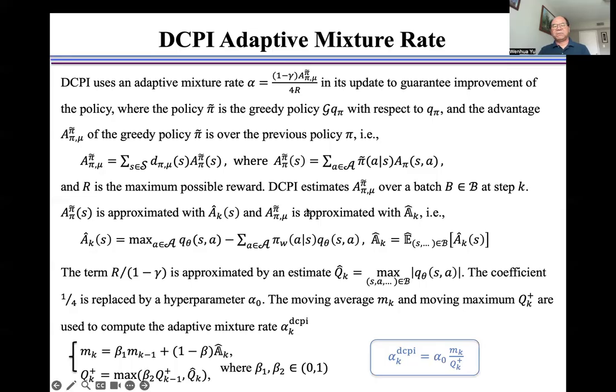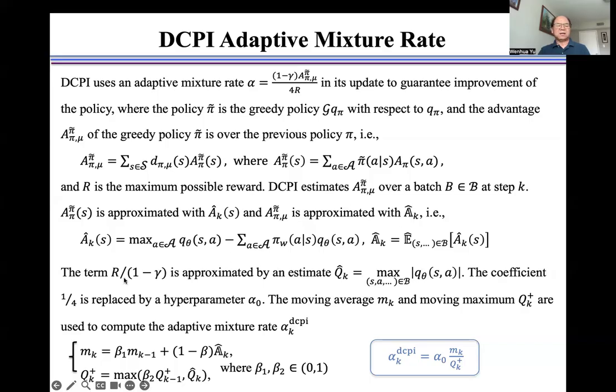DCPI estimates A pi mu pi tilde over batch B at step k. A pi tilde is approximated with A k tilde caret. A pi mu pi tilde is approximated with A k caret, as shown here.